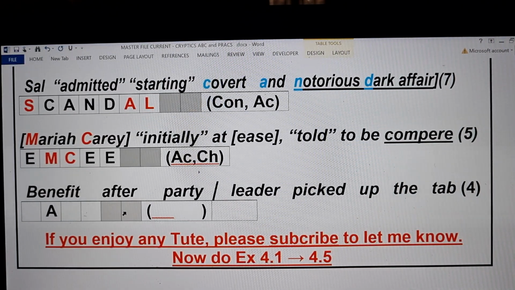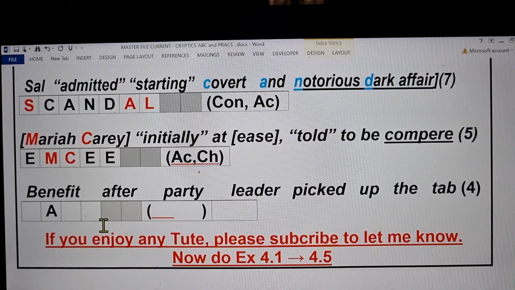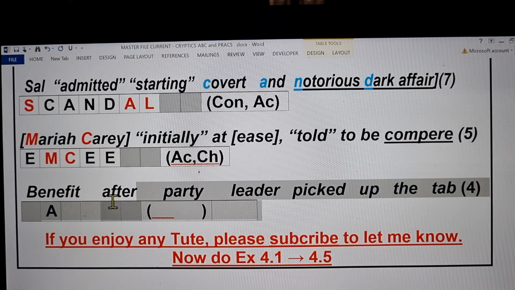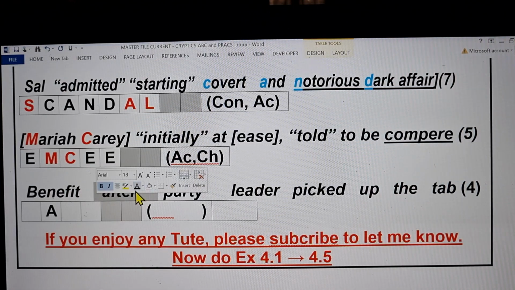Next one. Benefit. After party leader picked up the tab. Benefit. So we have only 4 spaces with a given A. That's very generous. Well, benefit after party leader. Flags after. After, is that a charade? Could be a charade flag.